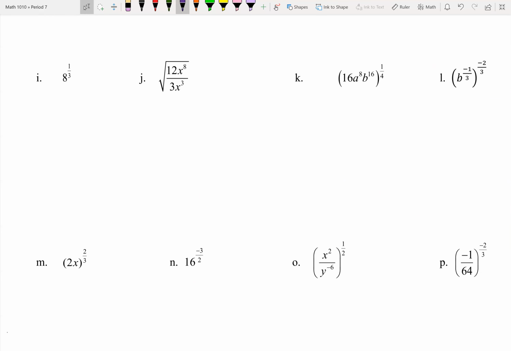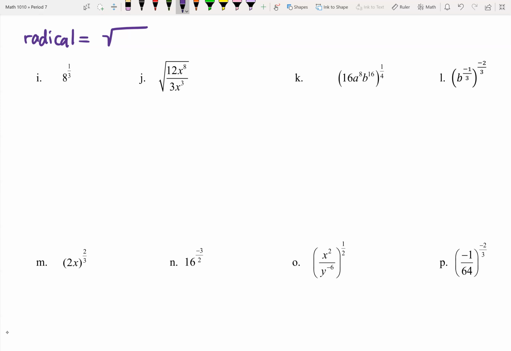Everybody write down the word radical. When it says write it in radical form, what does that mean? Write it with a root. A radical is a root. I didn't say square root because it could be cube root or 4th root or 5th root or whatever. It's called radical.